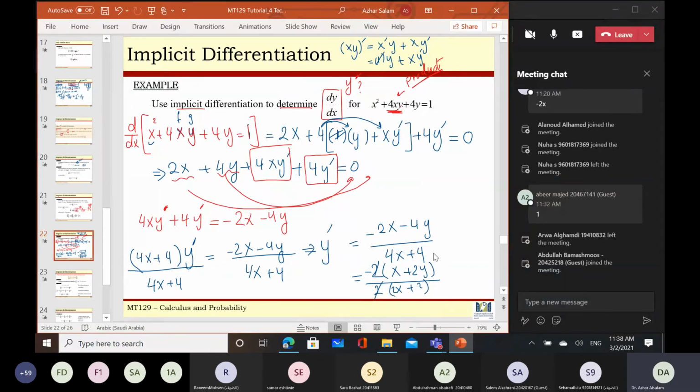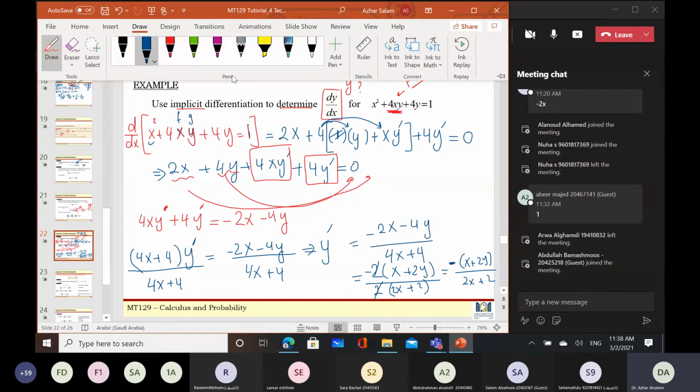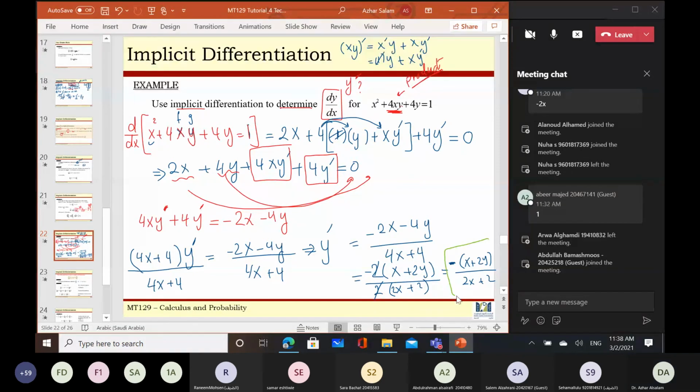So it will be simplified like this: minus x plus 2y, divided by 2x plus 2. This is the simplest form. So this is the required derivative. This is the required solution. This is y dash. Is it clear?